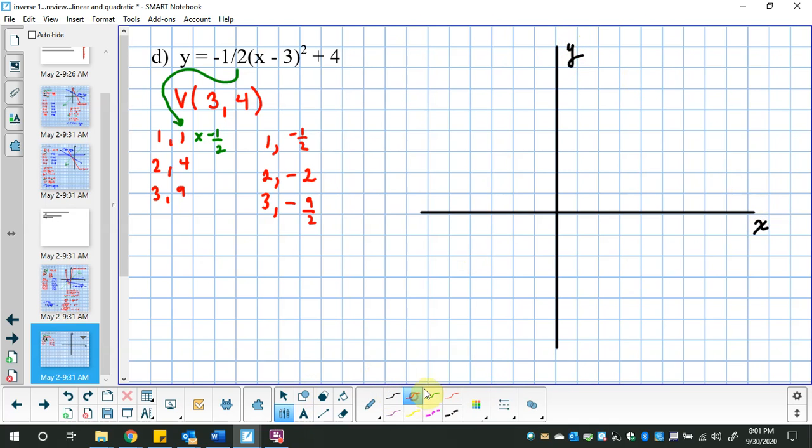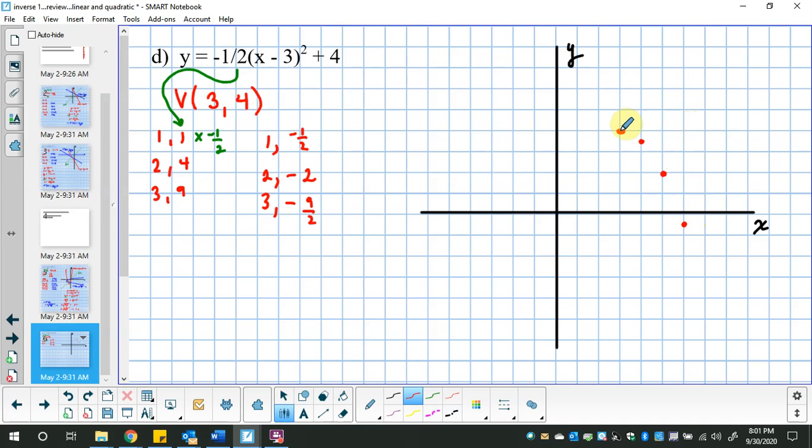So point number 1 is my vertex. 1, 2, 3, 1, 2, 3, 4. Then from there, I move 1, -1/2. From there again, 2, -2. From there again, 3, -4.5.